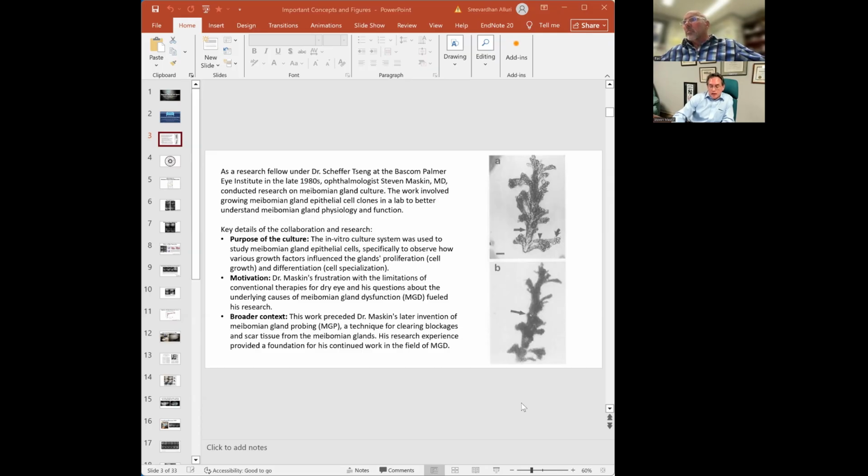So I come at this disease, dry eye and ocular surface disease, from that background, where initially I would do corneal transplants and reconstruct eyes.